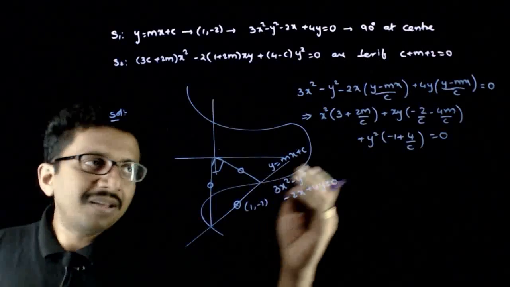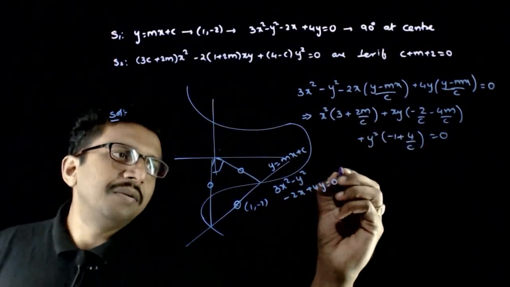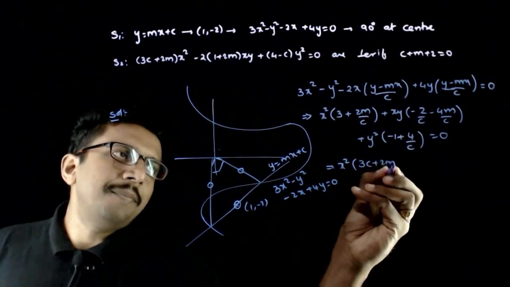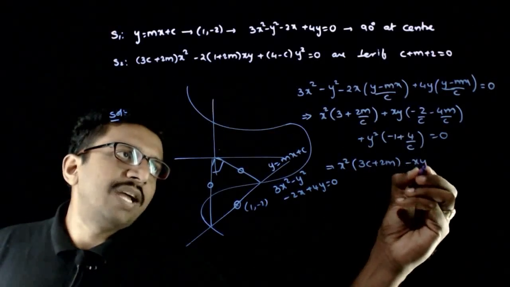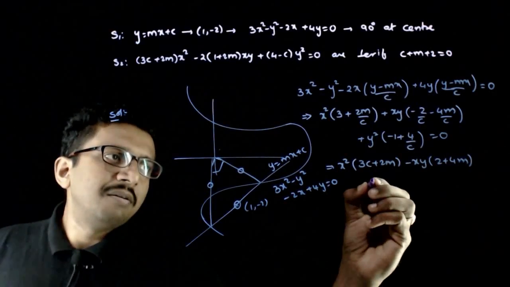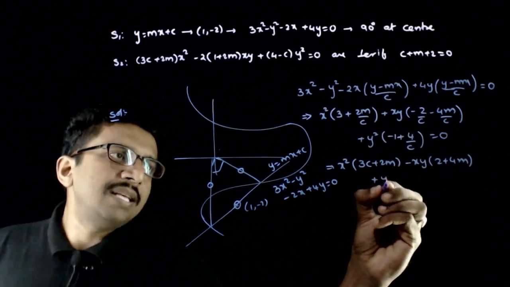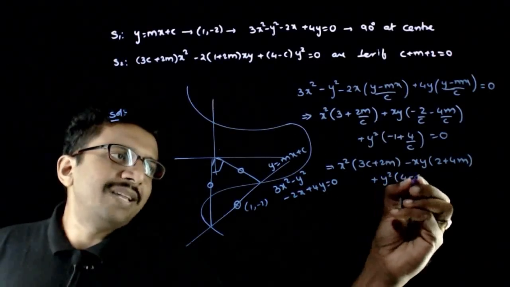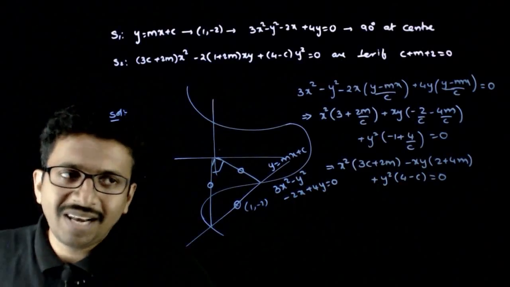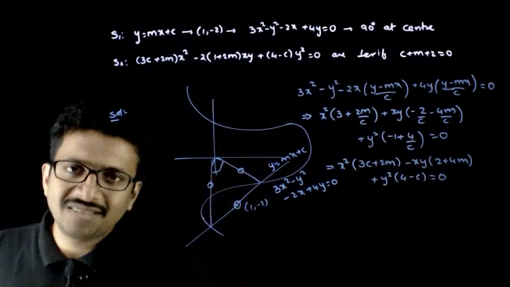If you take the LCM and send c to the other side, you have x² times (3c + 2m) - xy times (2 + 4m) + y² times (4 - c) = 0. So this is the pair of lines which represents these lines.